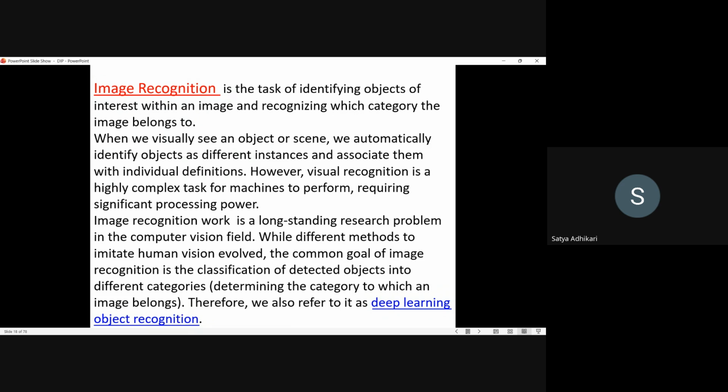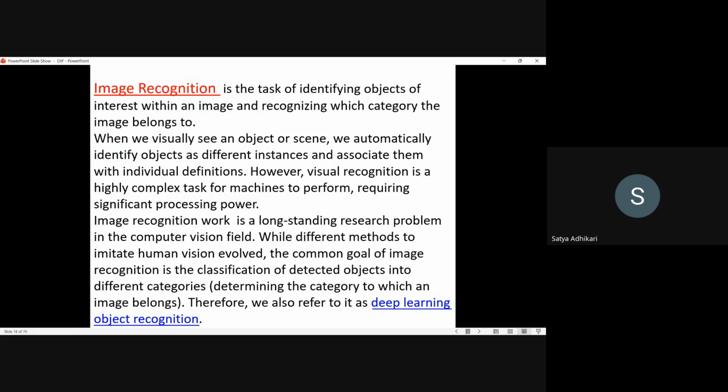When we visually see an object or scene, we automatically identify objects as different instances and associate them with individual definitions. However, visual recognition is a highly complex task for machines to perform, requiring significant processing power. So, image recognition is a long-standing research problem in the computer vision field.